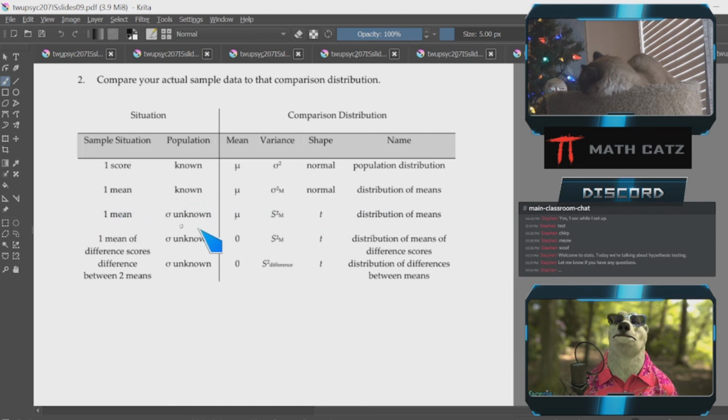Or I don't know the variance. Still a single sample. I have to estimate the variance. Then I cross over to a t-distribution. Still the comparison distribution is the distribution of means, but it's now a t-distribution.